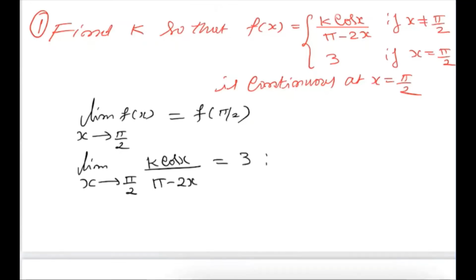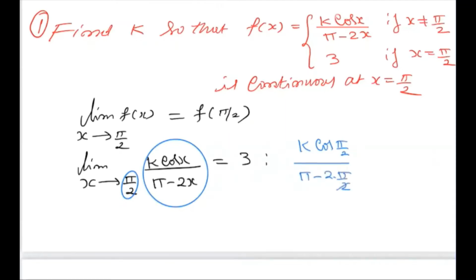So here in this function, if you take x equal to pi by 2, let us see what value we get. K times cos of pi by 2 upon pi minus 2 times pi by 2. 2 get cancelled. Pi minus pi, 0. Since cos pi by 2 is 0, you get 0 upon 0 form.